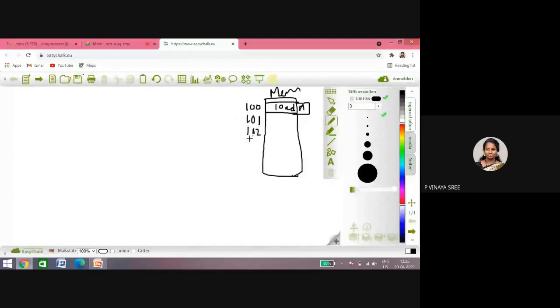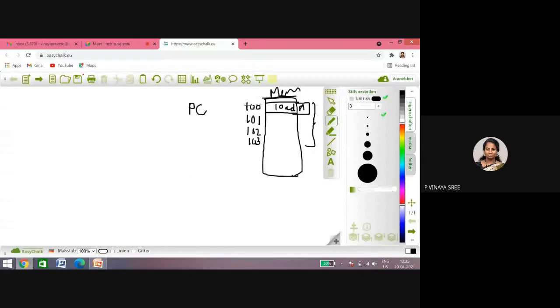Now let us consider a processor is executing some other task, and it now has to execute this sequence of instructions present in memory. In which register do I have to place this 100? In the program counter.